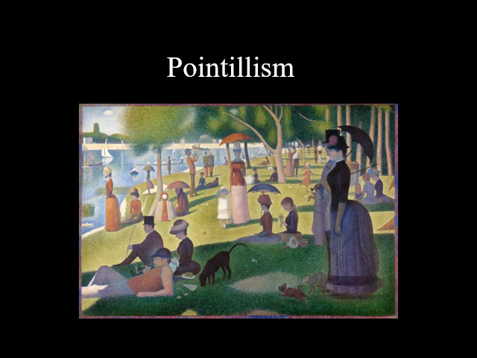And so if you get really close up to the image, you just see all these little dots. You start to back away, and at a certain point, your eye blends and mixes those together, so that all these little blue dots next to all these little yellow dots are mixed in together. Close up, you just see blue dots, yellow dots. You back away, you see green.